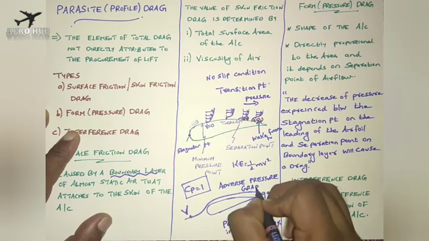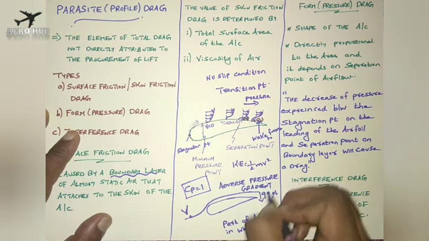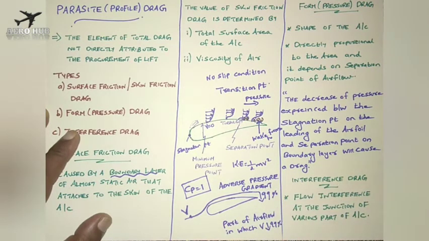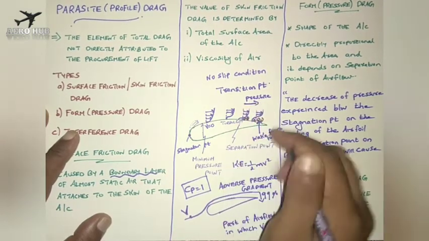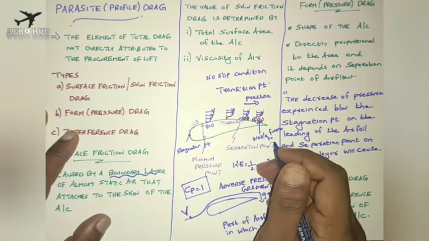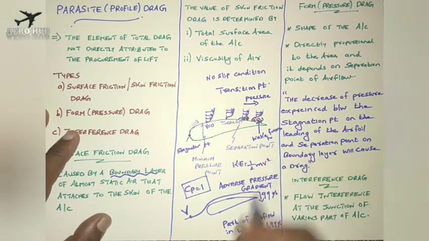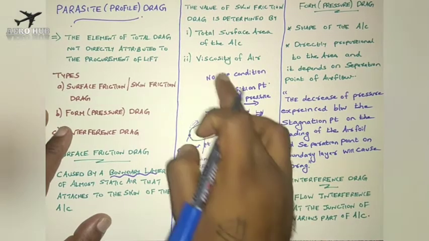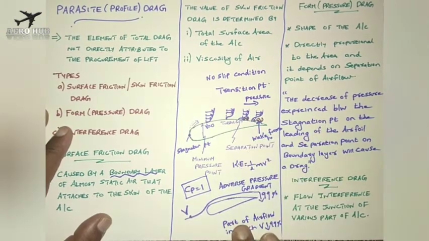This adverse pressure gradient is nothing but an increasing pressure in the aft region of the airfoil section. Due to increasing pressure, there will be a decrease in kinetic energy. Due to the decrease in energy of the boundary layer, the boundary layer gets detached from the surface of the airfoil. This is skin friction drag, and we also discussed the boundary layer separation.